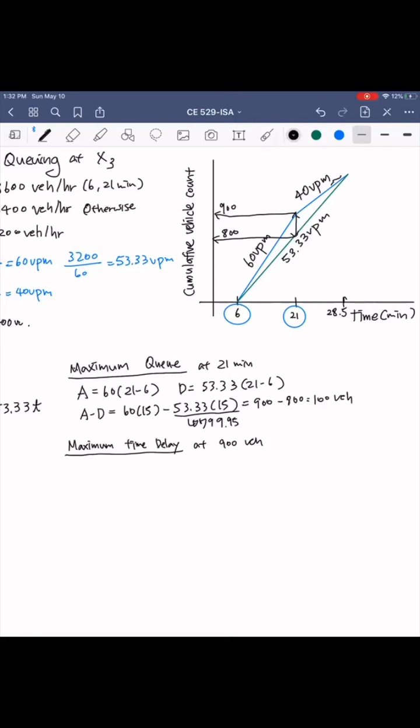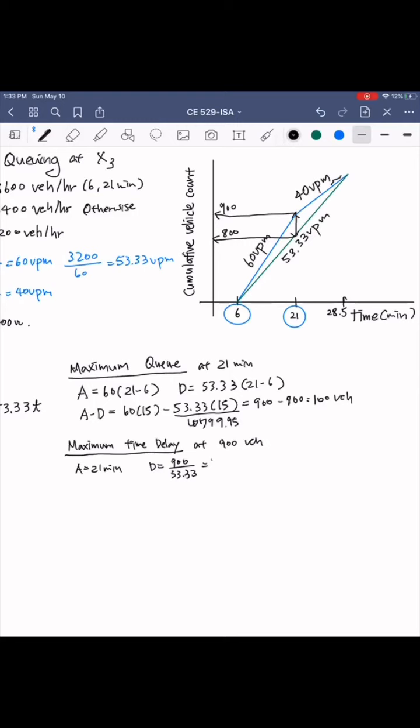So we already know that the arrival curve is at 21 minutes, so we just have to calculate the departure curve minutes at 900. So it'll be 900 divided by 53.33.